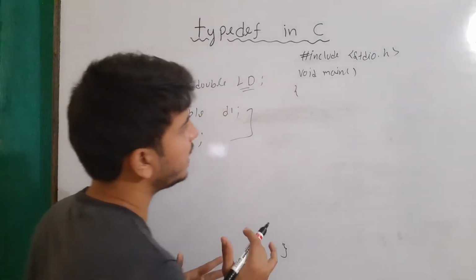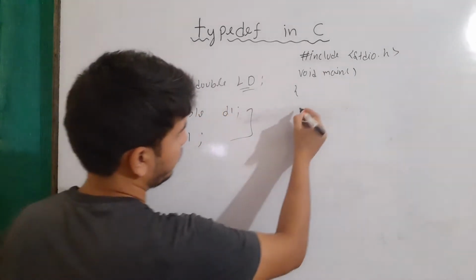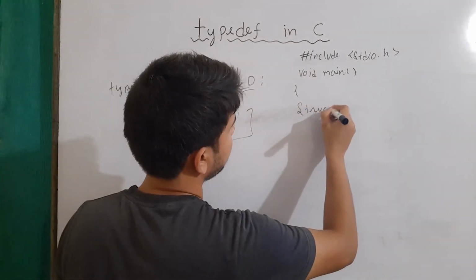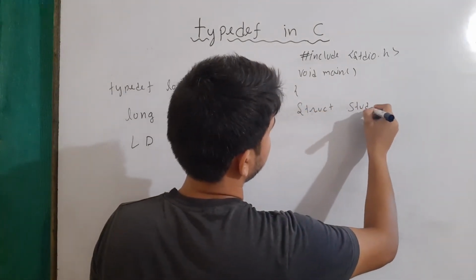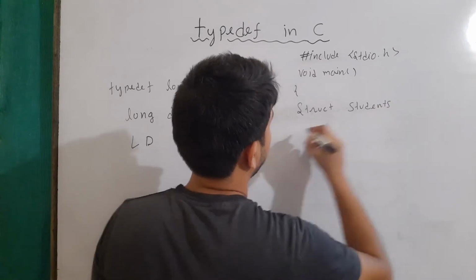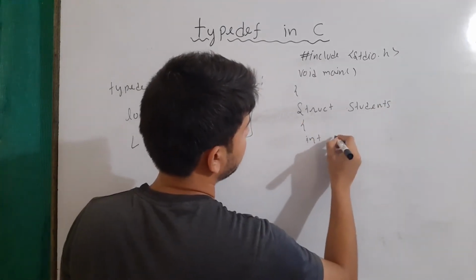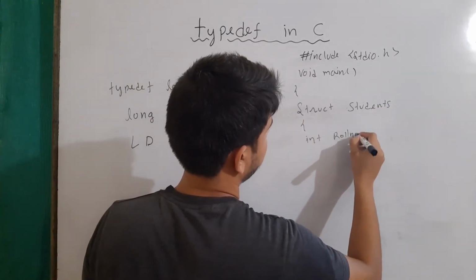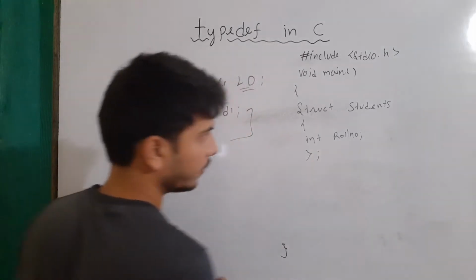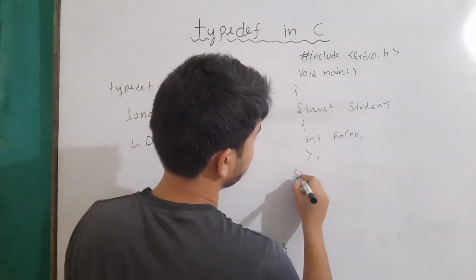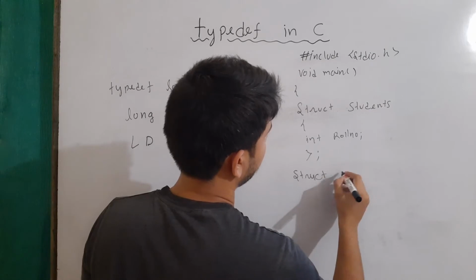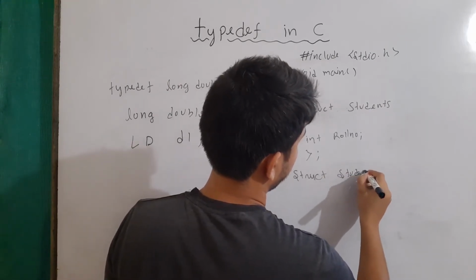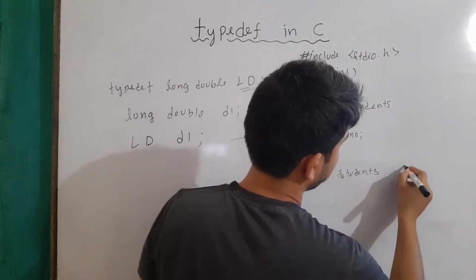The same thing can also be achieved when we are using structures. For example, if I am using struct students, and let's say the element is just roll number. Later on when we make variables, we generally write struct students and then the name of our variable, let's say s1.